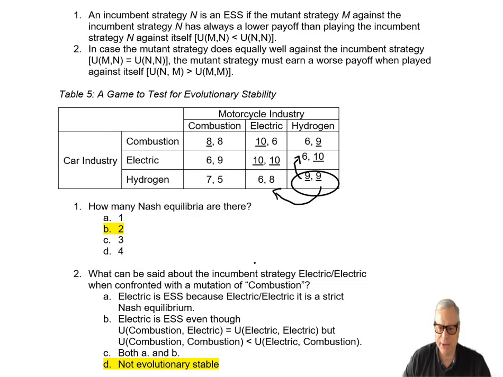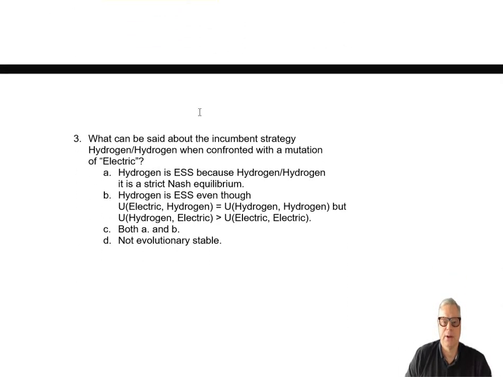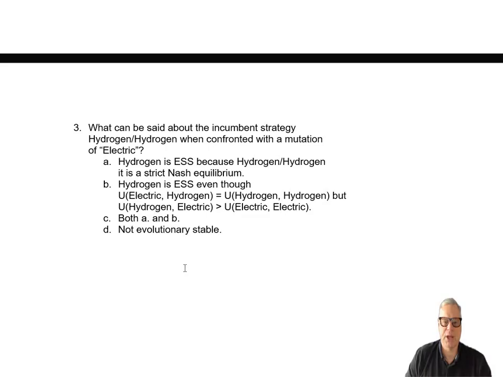This is a clear indicator for a strict Nash equilibrium. So hydrogen is a strict Nash equilibrium, and that is evolutionary stable. So hydrogen is evolutionary stable because it's a strict Nash equilibrium. So that would be it.